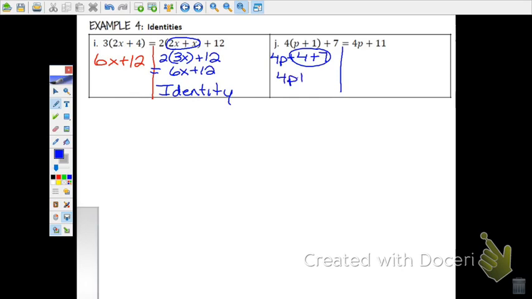So I get 4p plus 11, which is exactly what I had on the right-hand side. So again, this is an identity. No matter what number I choose to put in place of the variable, it's always going to be the same on both sides of the equation. So that's what we call an identity.